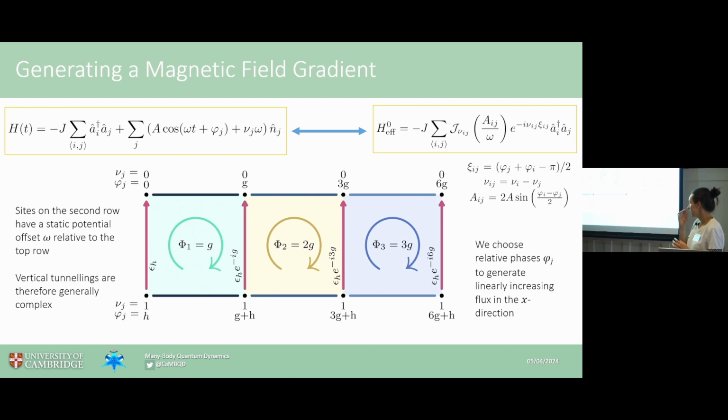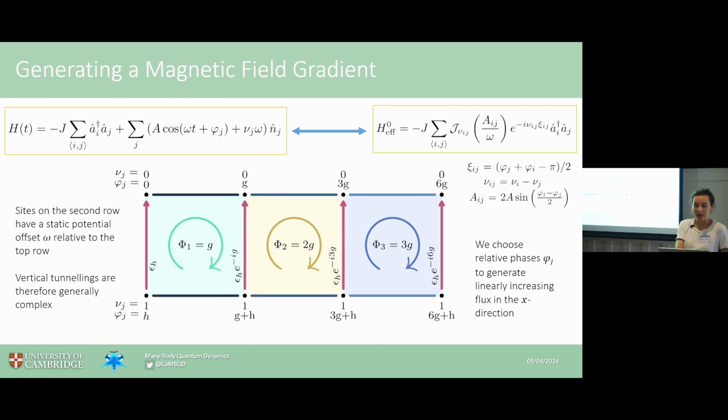By making smart choices of these phases at certain sites, we can engineer a system where the plaquette flux, as you go around a full plaquette, changes as you move down the lattice in the x direction. Here's an example where we've engineered fluxes that follow some linear pattern.